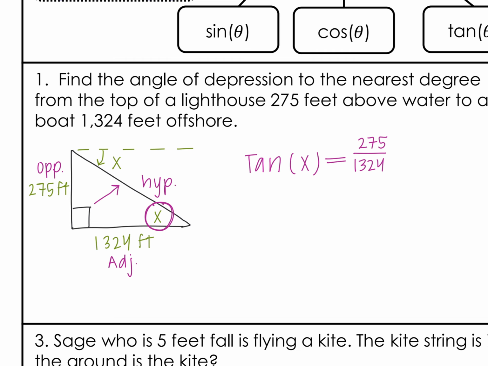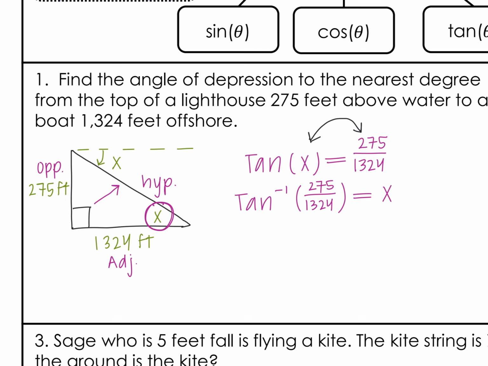And then remember, when you are solving for X as an angle, all you are doing is you are going to switch these two. Okay, we're going to use what's called our inverse trig, our inverse tangent. And so that's going to be when you see that -1 up top. And in my parentheses, like you see here, I'm going to plug in that fraction, and it should be equal to that X.